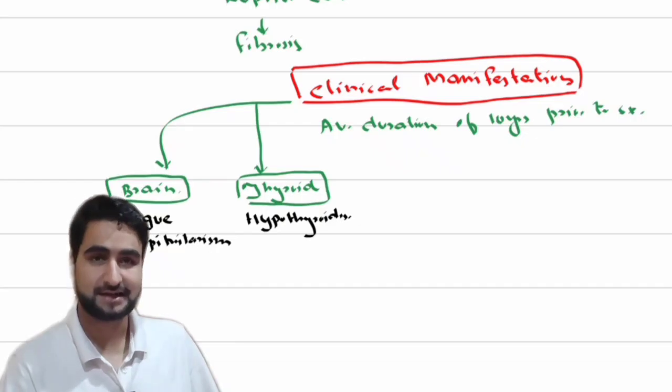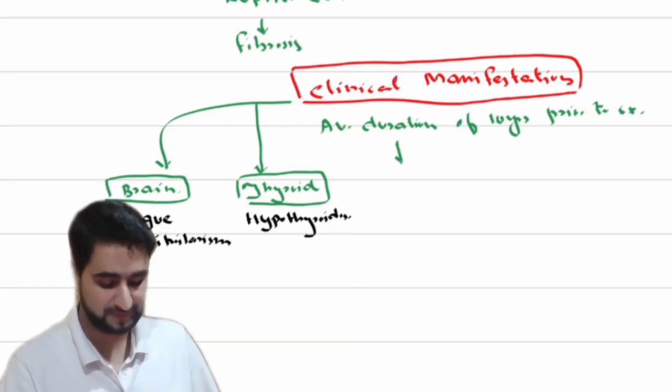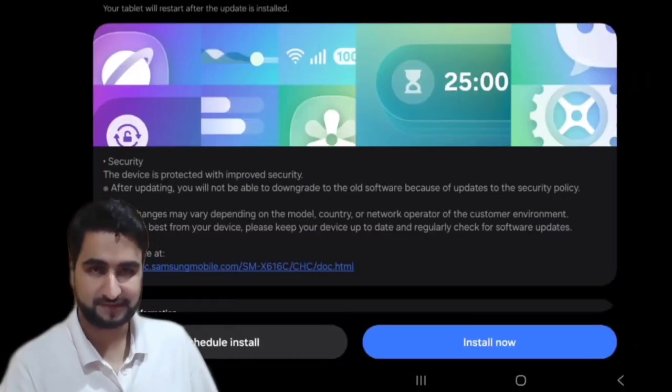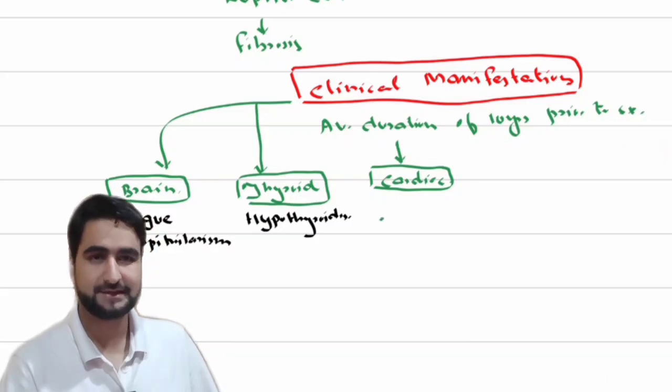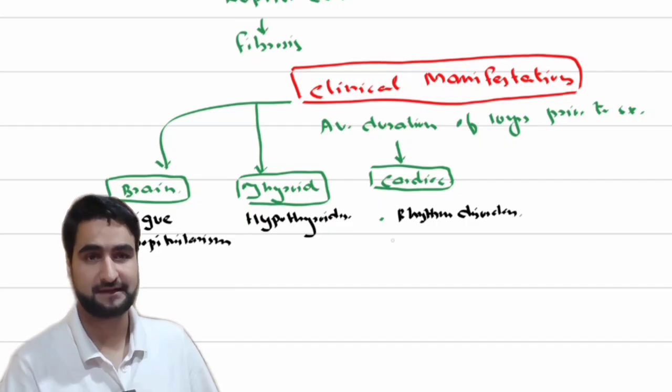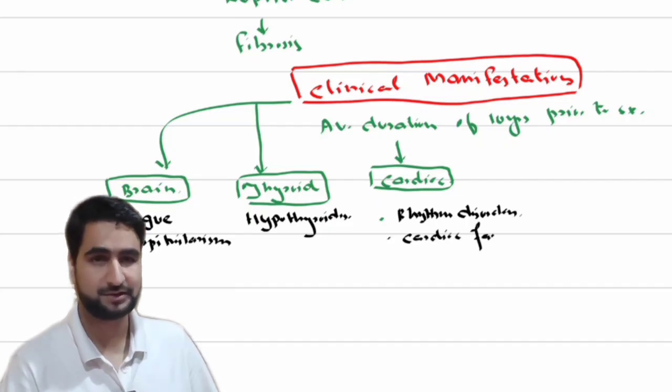And there can be cardiac abnormalities, like rhythm disorders, or there can be cardiac failure. And you may see DCM present in around 15% of the patients having hereditary hemochromatosis.